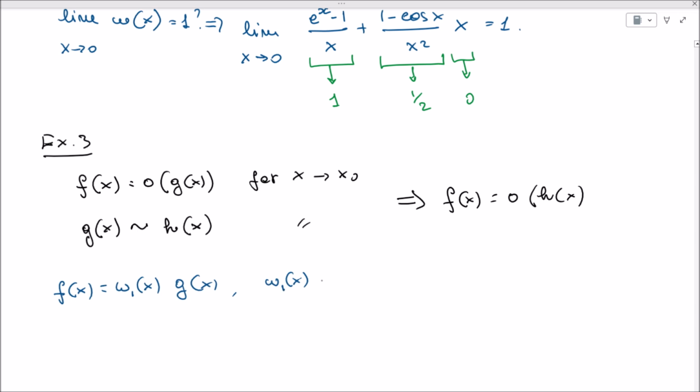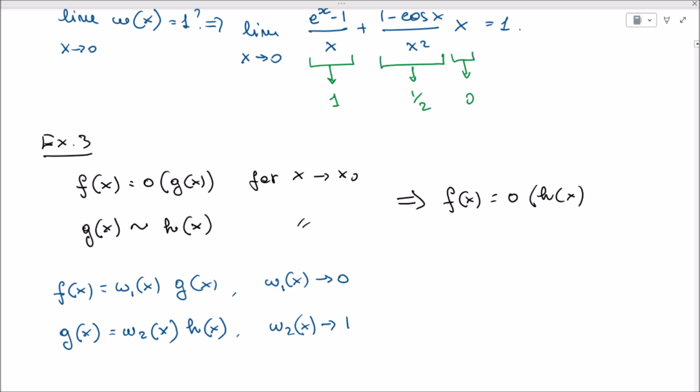With omega 1 of x that goes to 0 when x goes to x naught. Then we have that g of x is equal to some omega 2 of x times h of x with omega 2 of x that tends to 1 when x tends to x naught.